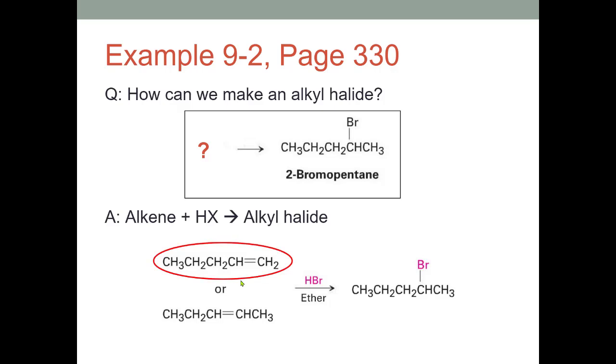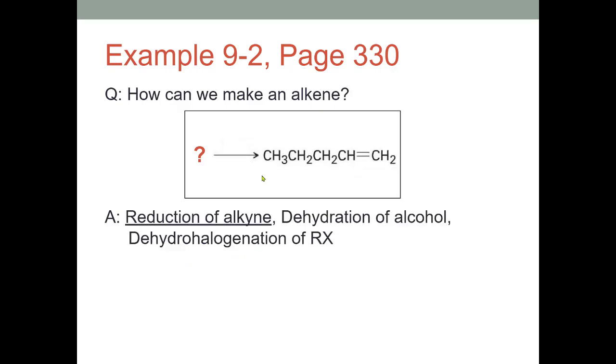Well, I could have reduced the alkyne to get an alkene, or I could have started with an alcohol, or I could have started with a halogen, right? There's 3 ways we know that we can make alkenes at this point. This problem specifically told me that I was going to start with acetylene, right? I had to start with that 2-carbon alkyne, so I have to pick this one.